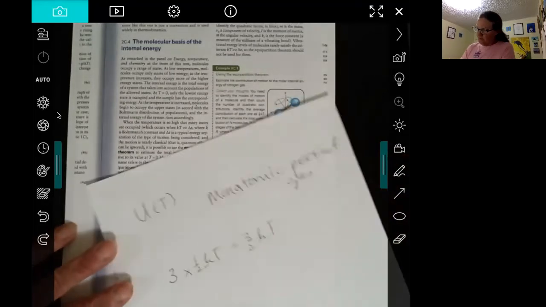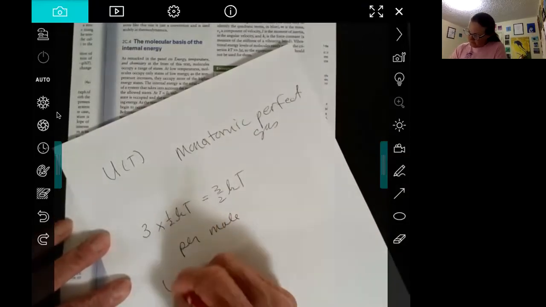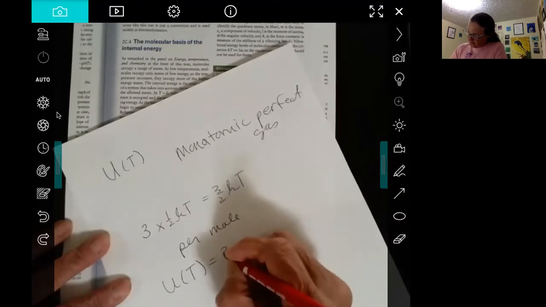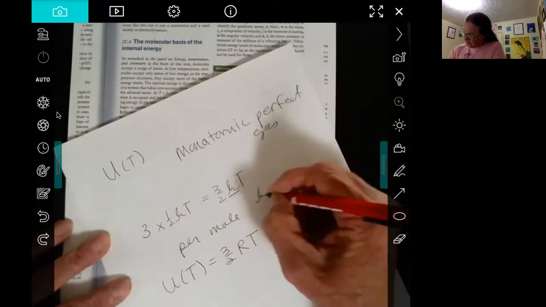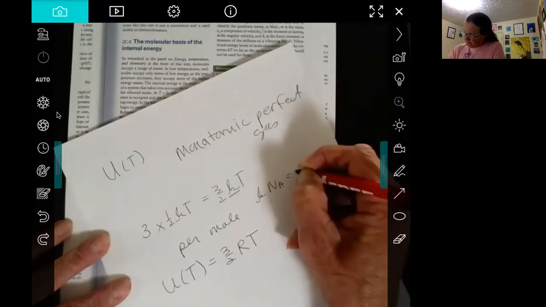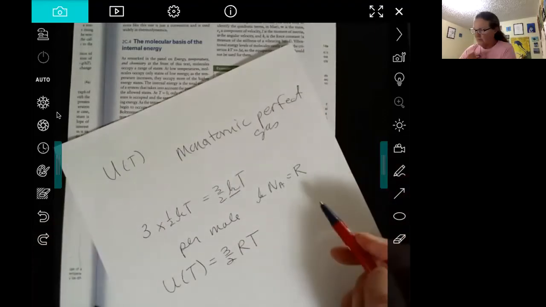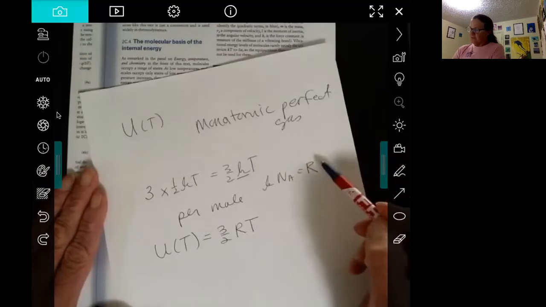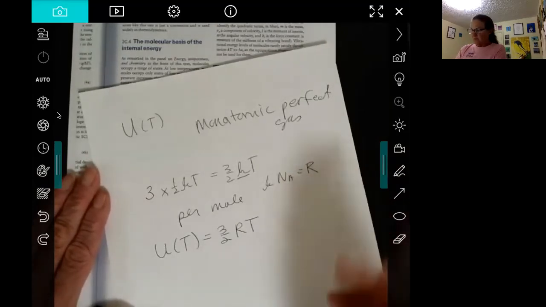So all they can do is fly through space. And so if we look at per mole, essentially K is the molecule's version of the gas constant. So gas constant is per mole and Boltzmann's constant is per particle.